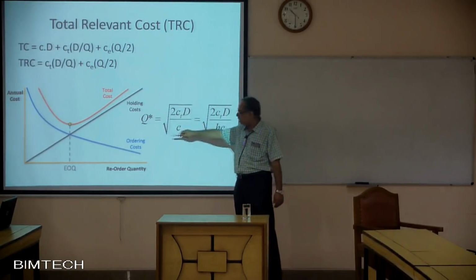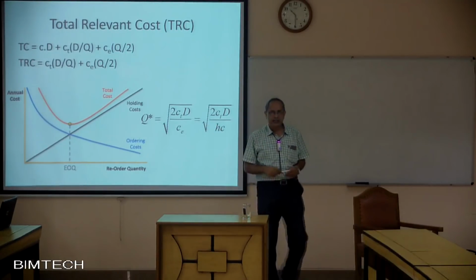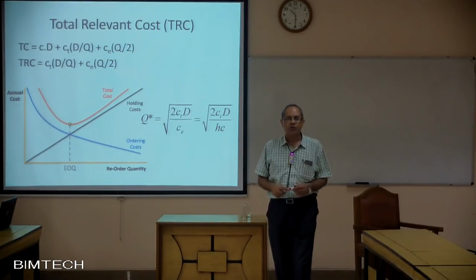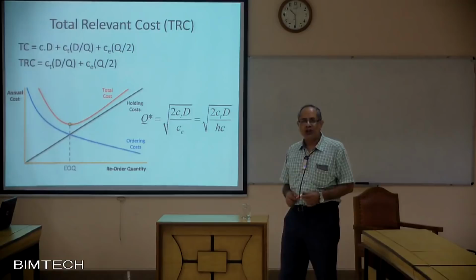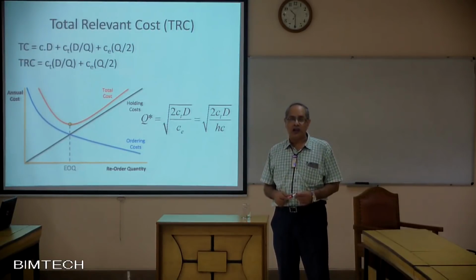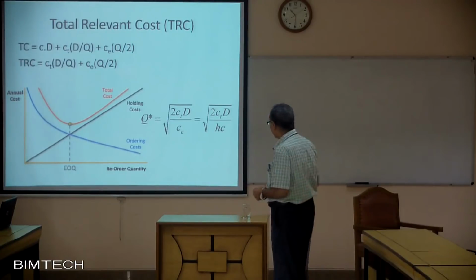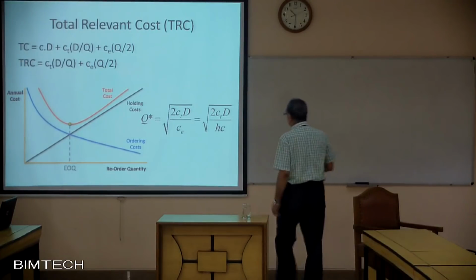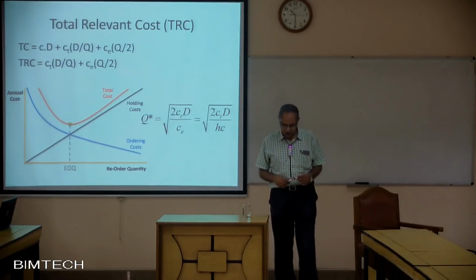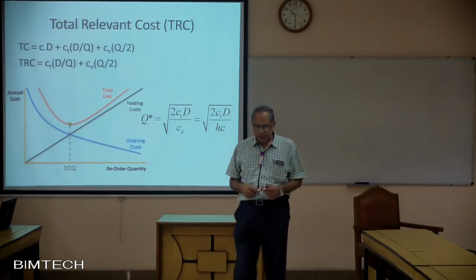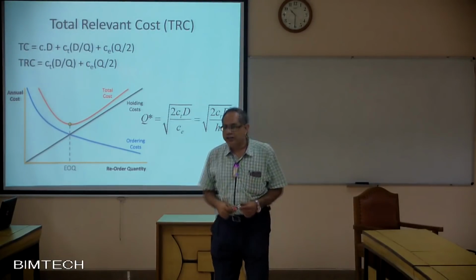And that Q star, you may be well aware, is equal to the square root of twice the ordering cost multiplied by the annual demand divided by the annual inventory carrying cost per unit. Per unit carrying cost is also written as H times my unit price or the unit cost, where H is what we call the annual inventory carrying rate.